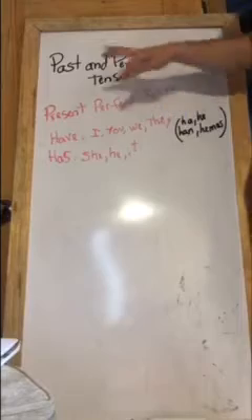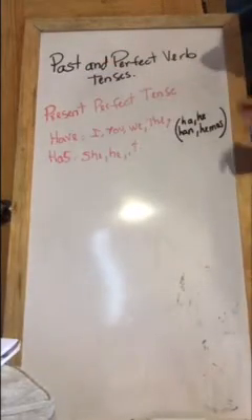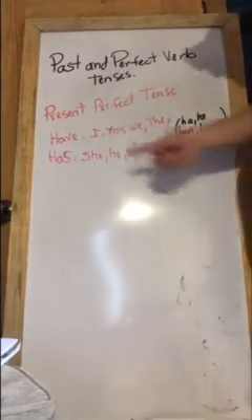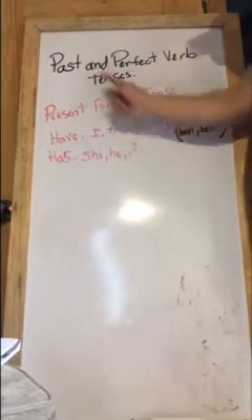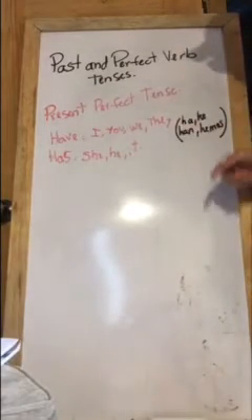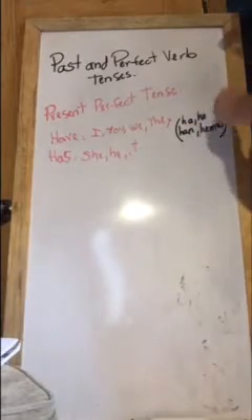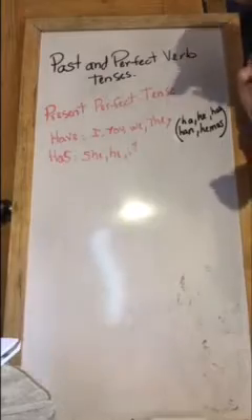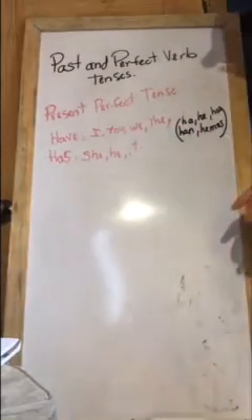So for example, if I say I have done, you would be saying yo he hecho. If you're saying you have seen the rain, tú has, that is not included here, because we don't usually do has in Spanish. We don't say tú has hecho, because tú is not common in Spanish.